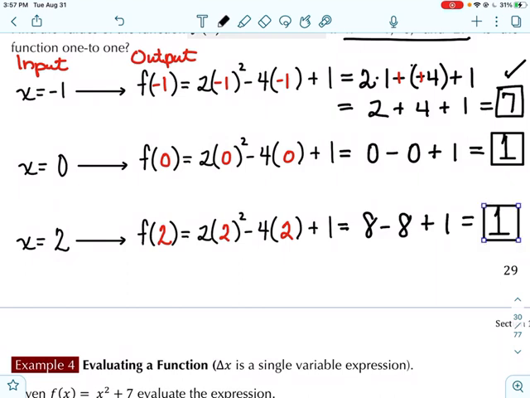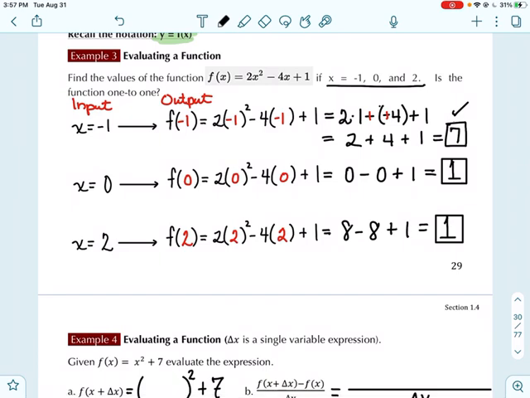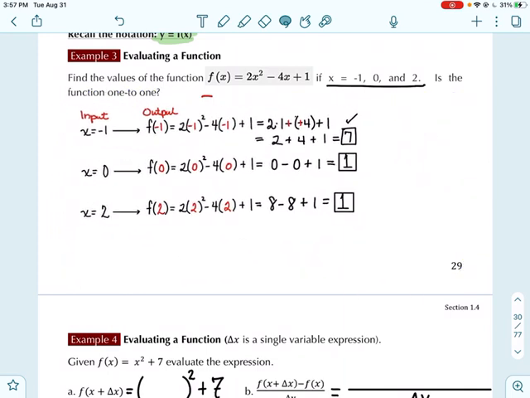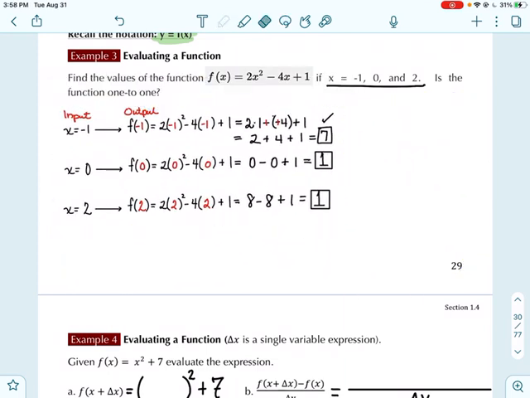So remember, if you have a function that's 1 to 1, each x gets 1 y, but that y can only be assigned to 1 x. So in this case, 0 and 2.